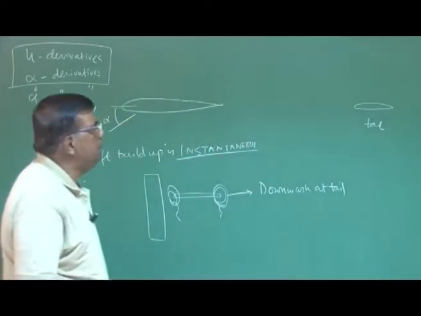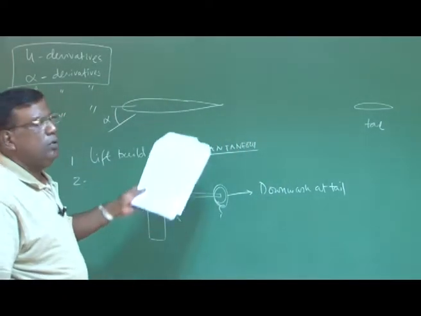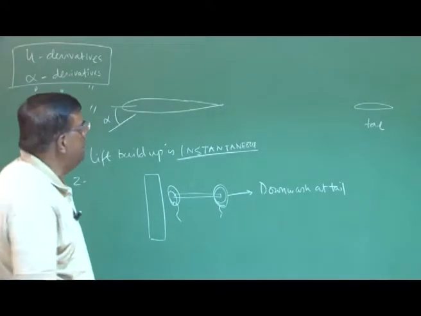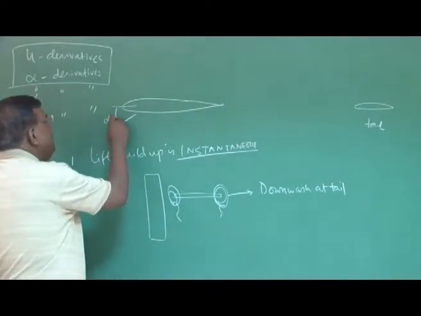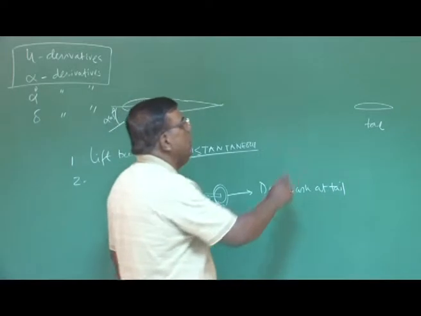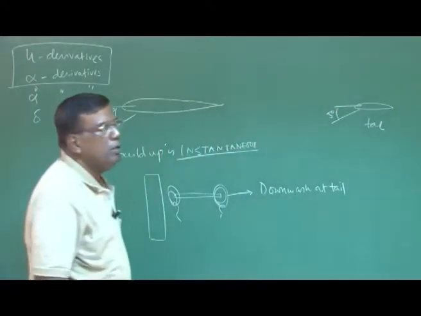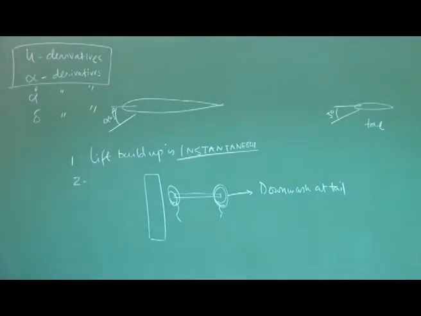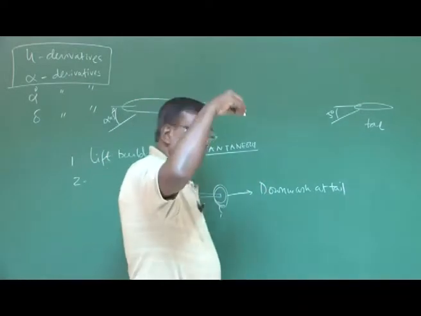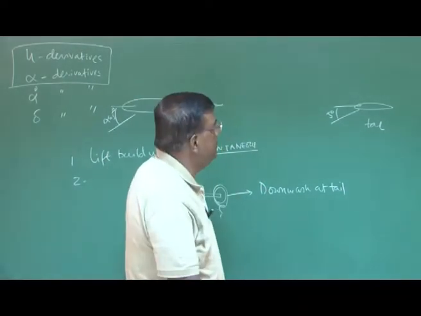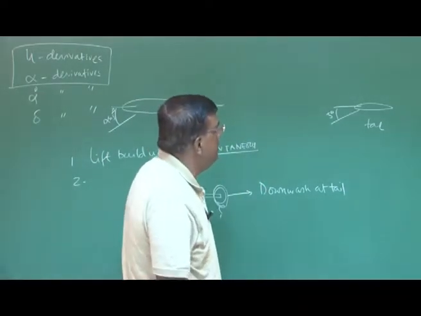That means, if there were no such wingtip vortices, then suppose this alpha was 5 degrees seen by the wing, then the tail also will see 5 degrees. No downwash if it was like that. But because of this downwash, there will be a downward component of relative air velocity.